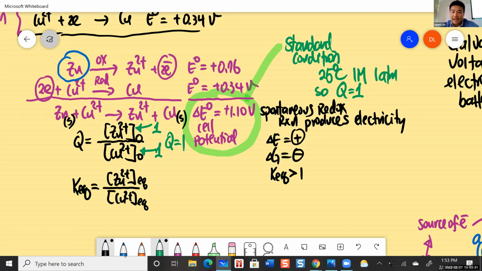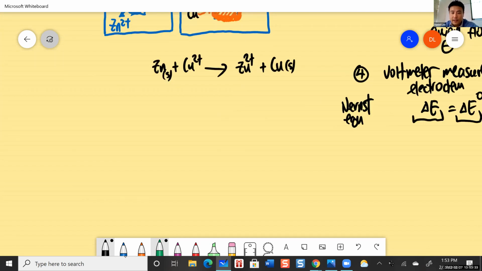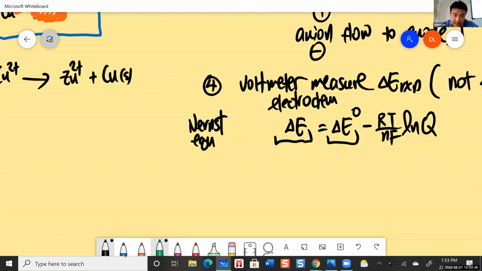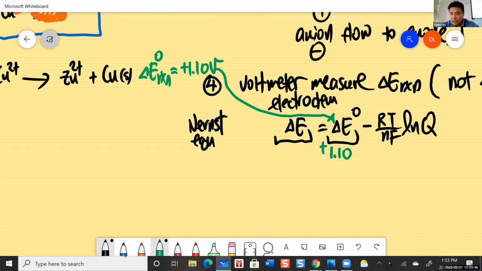So if you come back and look at this equation, our delta E naught at standard condition was positive 1.1 volt. This thing here is 1.1 volt, because that is at standard condition. And it is true because when Q equals 1, the natural log of 1 is 0, right?